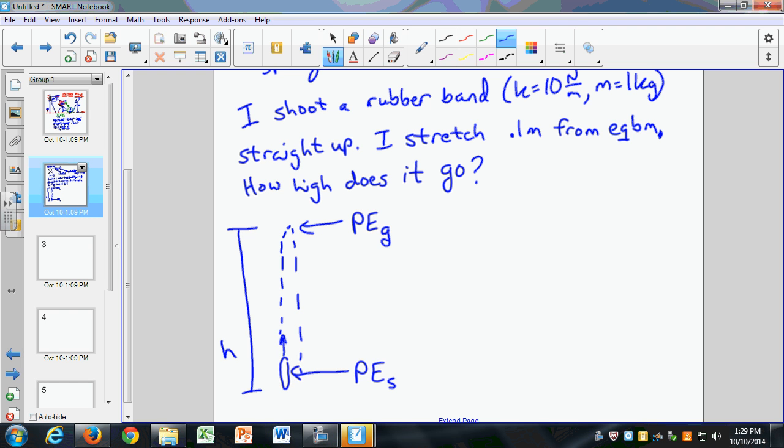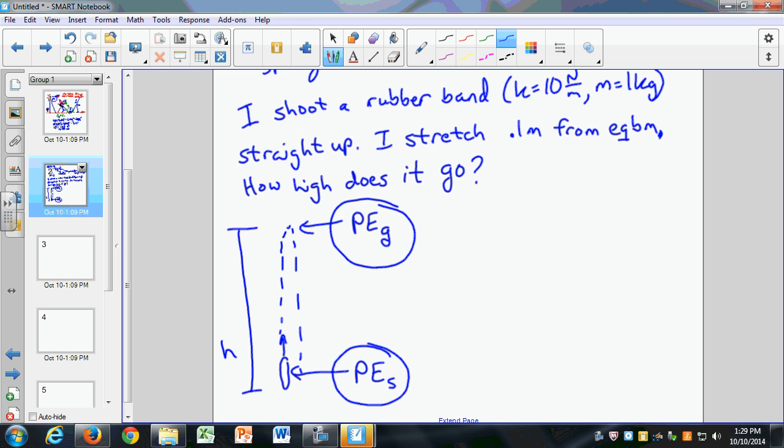I want to know the height. So I can say the amount of elastic potential energy down here will equal the gravitational potential energy up here, because that total amount of energy is always going to be the same.